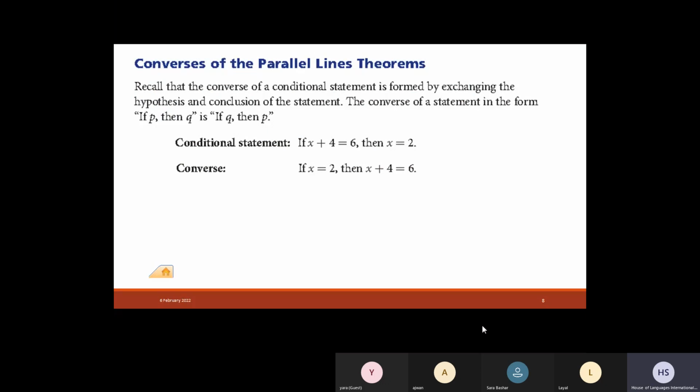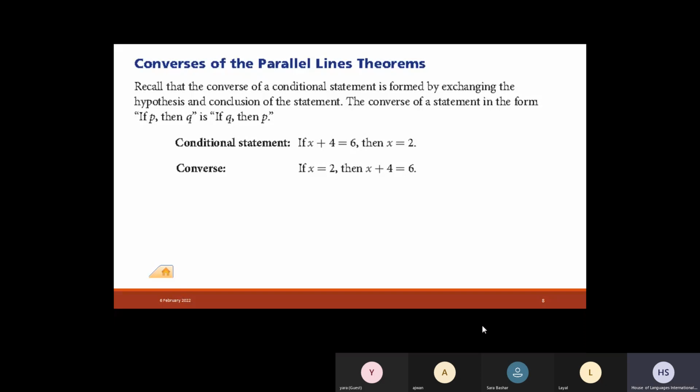Now let's talk about the converses of the parallel lines theorem. Before we talk about it, let's remind ourselves what I mean by the converse. Do you remember at the first lesson you said that if x plus 4 equals 6, so x equals 2?